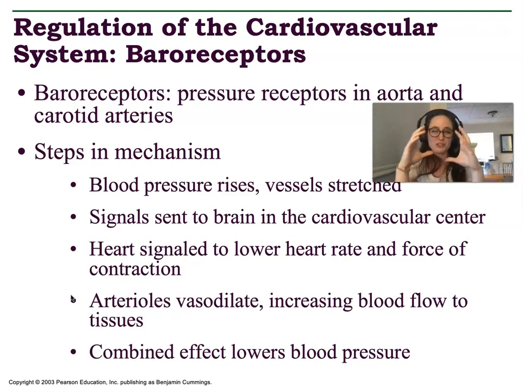So remember that pressure goes two ways, pressure of the fluid against the wall, pressure of the wall against the fluid. So we increase the size of the space, and now the fluid is under less pressure. So between vasodilation and decreased heart rate and force of contraction, that's our homeostatic mechanism that decreases blood pressure, if it's working.